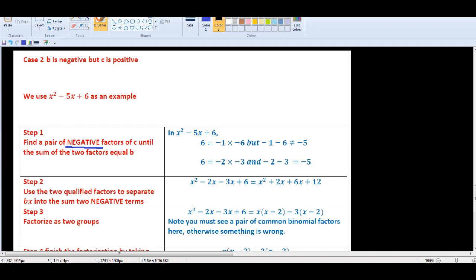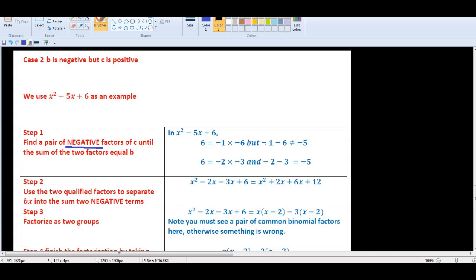Why do you have to use minus? Because it's the only possibility: two negative numbers multiplied together give a positive, and the sum of those two negative numbers must be negative.